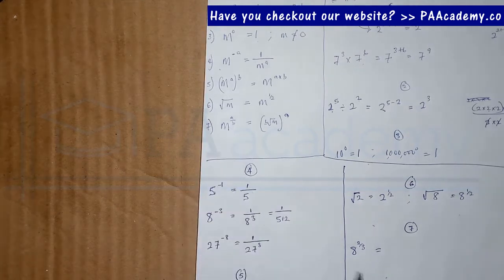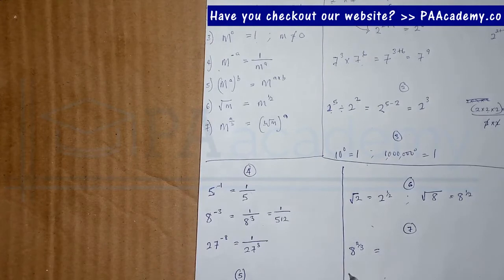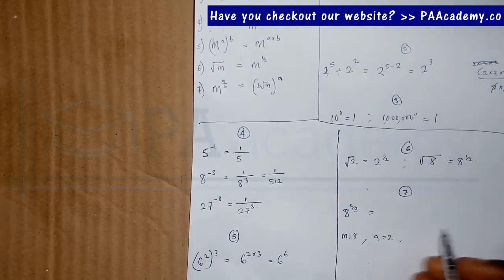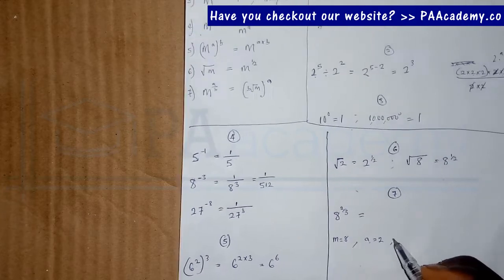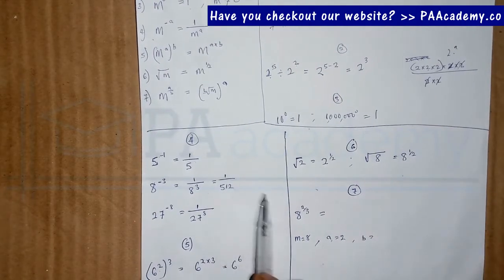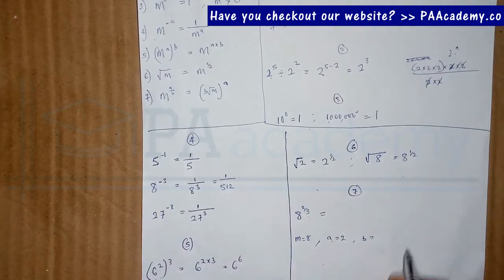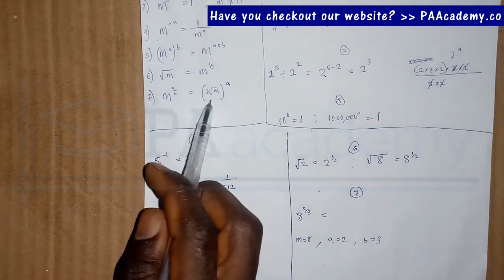Let's analyze it: our m is 8, our a, the power at the top, is 2, and our b, at the bottom, is 3. So if you are able to analyze it like this, let's come back and replace it in this way.